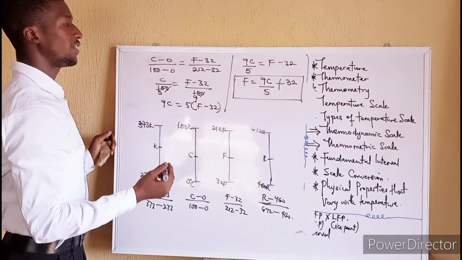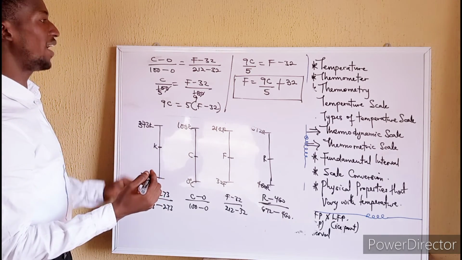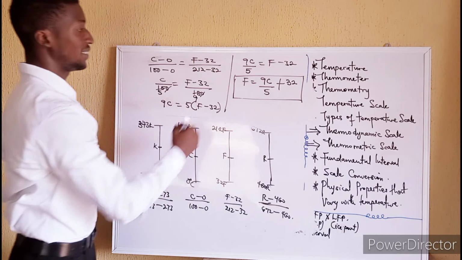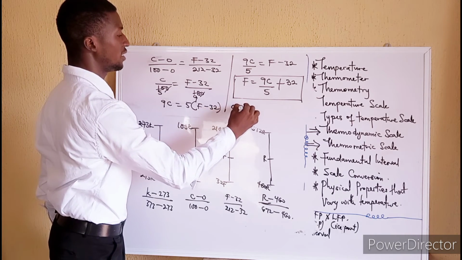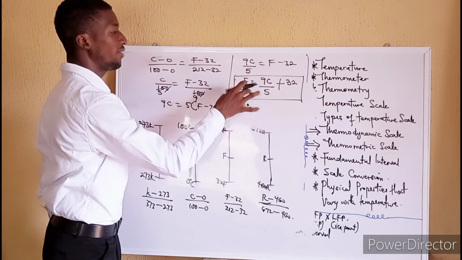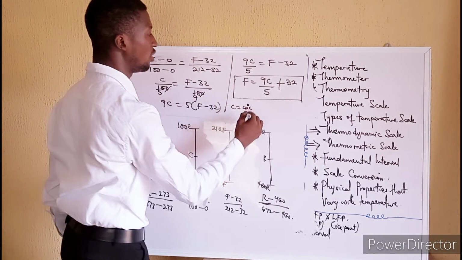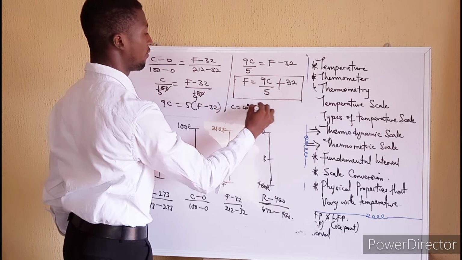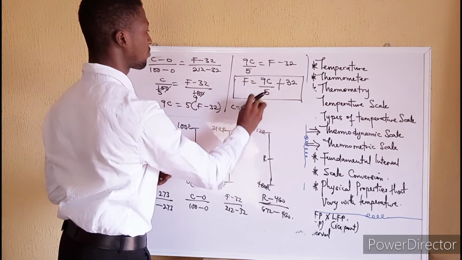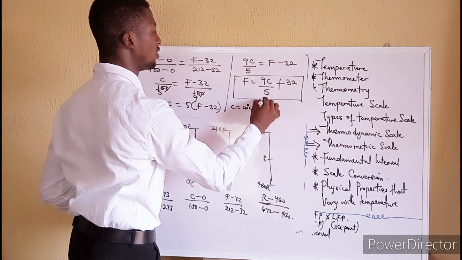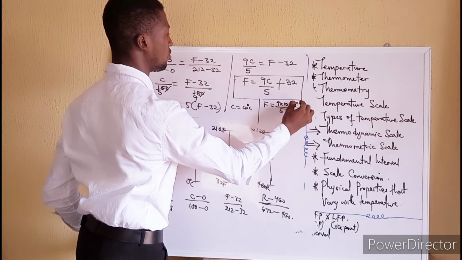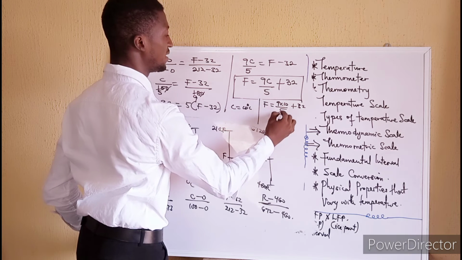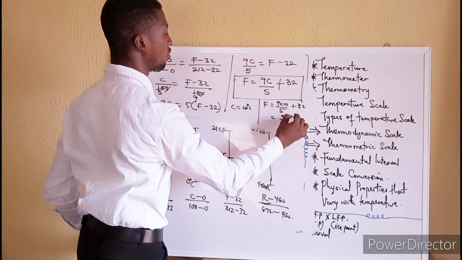So for instance, if I have to convert 10 degrees Celsius, so the temperature is 10 degrees Celsius, and I have to get it in the Fahrenheit scale. In the Fahrenheit scale, it's going to give F equals 9 times 10 over 5 plus 32. And 9 times 10 will give us 90 over 5 plus 32.